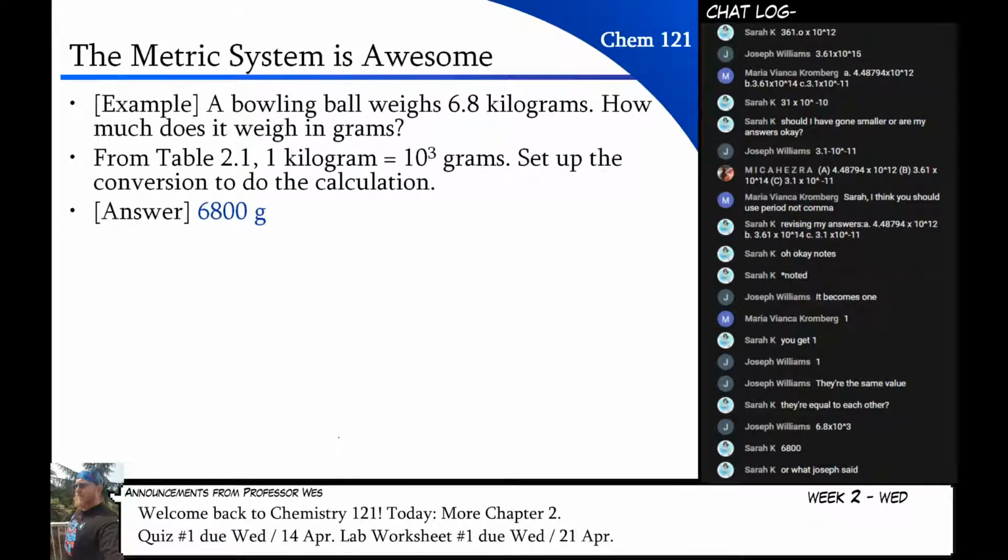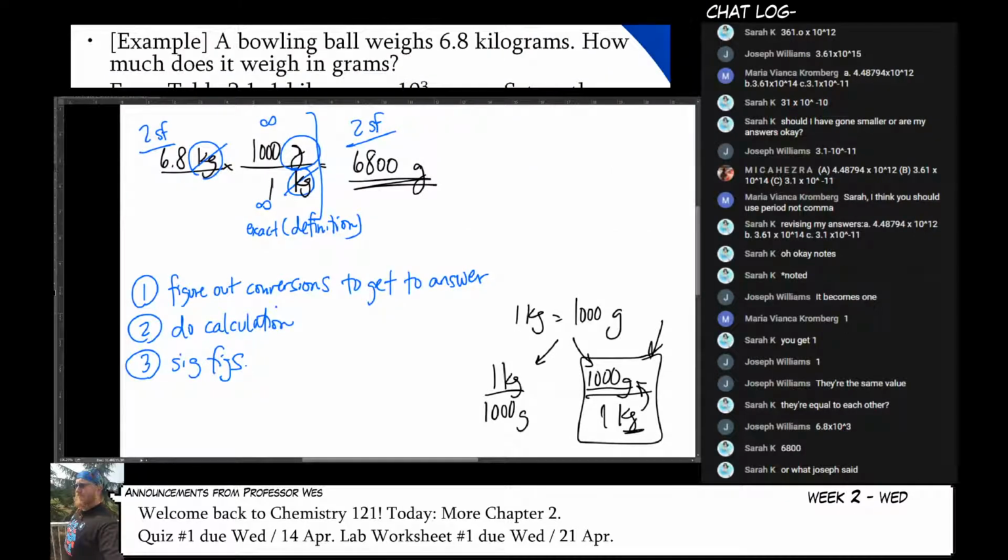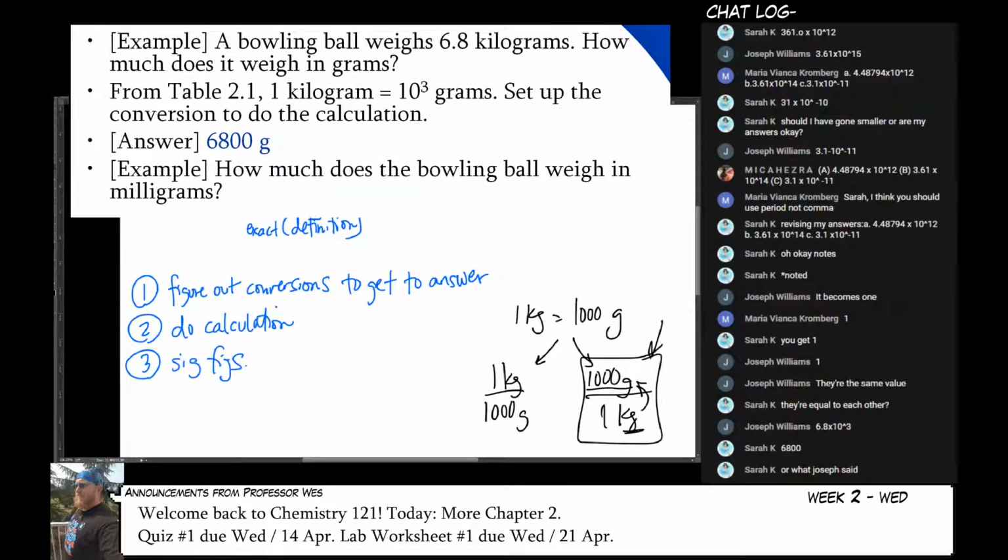All right, so now I'm going to give you a bowling ball. It's the same bowling ball, but I want to know its weight in milligrams. So you already know its mass in grams. I want you to convert its mass to milligrams for me, setting up the problem in the same way that I did on the preview. I couldn't get my mouse to go over there. There we go. So in the same manner. So I'm going to put this question right here.